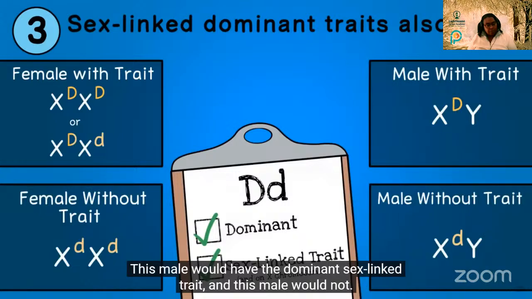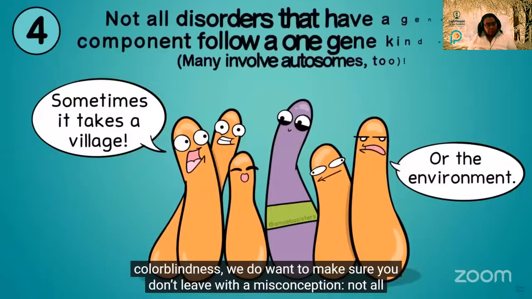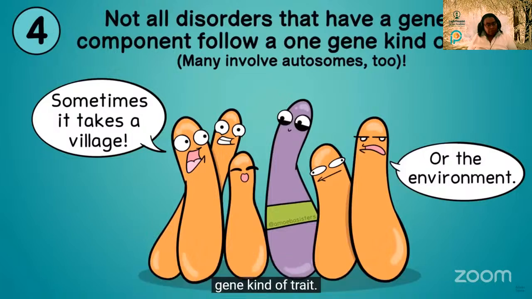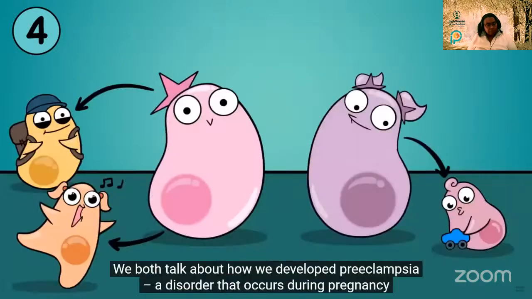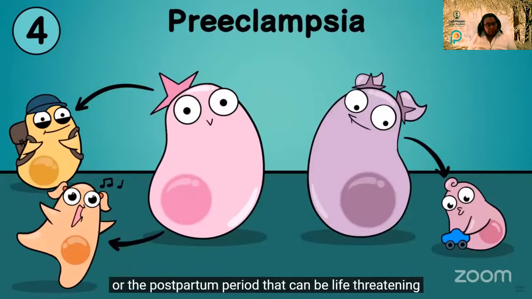Number 4, because we talked about the inheritance of the disorder hemophilia, and we also mentioned color blindness, we want to make sure you don't leave with a misconception. Not all disorders that have a genetic component follow a one-gene kind of trait. In fact, many don't. An example? We both talk about how we developed preeclampsia, a disorder that occurs during pregnancy or the postpartum period that can be life-threatening to those that develop it.